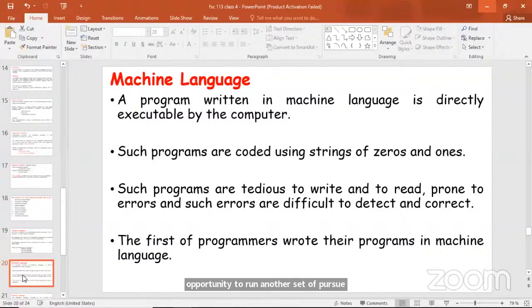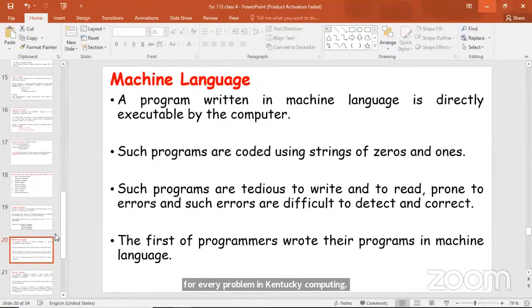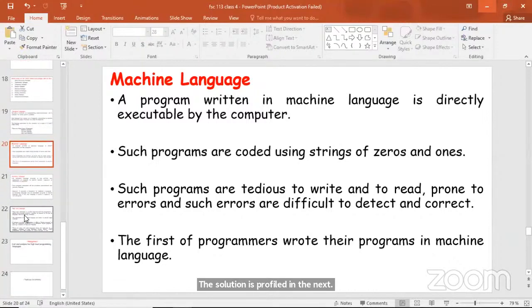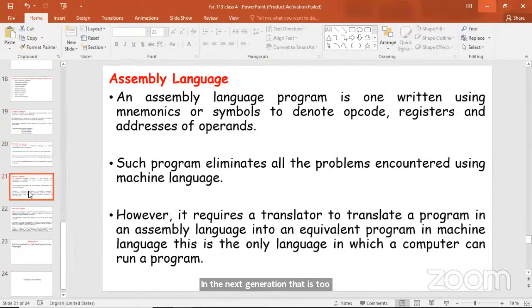So it was tedious. For every problem we encountered in computing, a solution is profiled in the next generation that is to be brought to the market. So, assembly language.